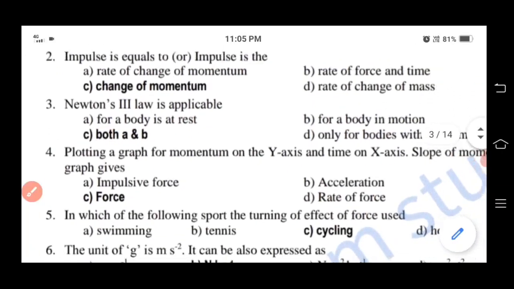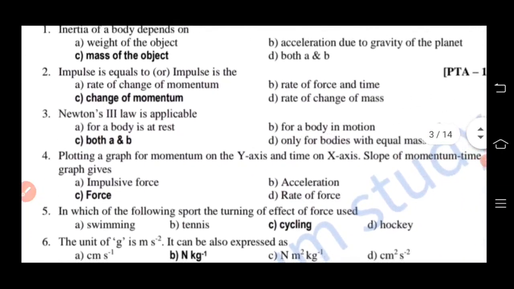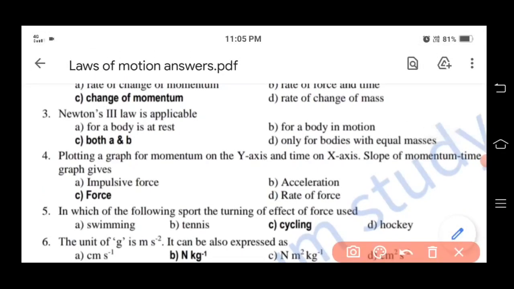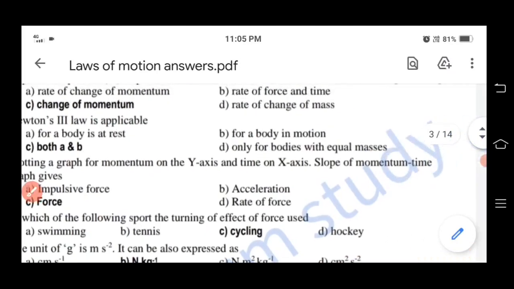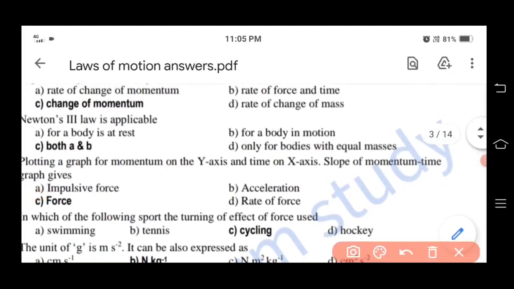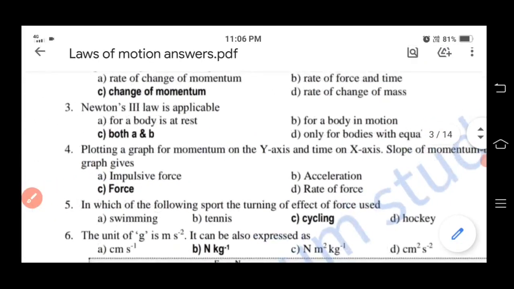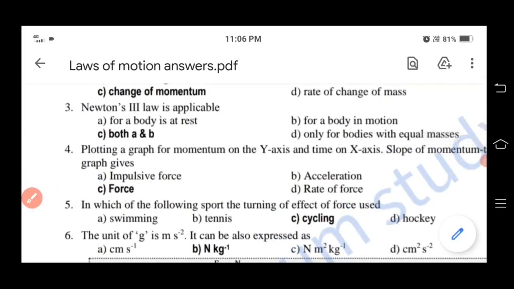And then fourth question. Plotting a graph with momentum on the y-axis and time on the x-axis, the slope of the momentum-time graph gives force.